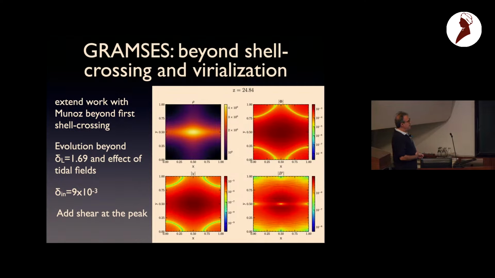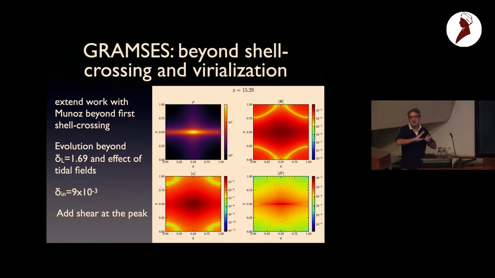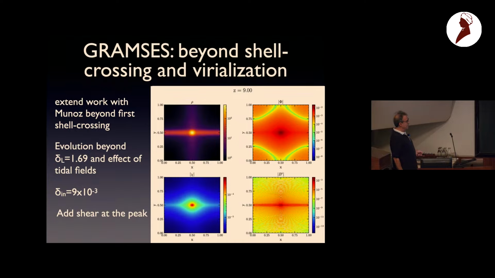That's turnaround. Now this is particles, so I use the benchmark of turnaround and collapse given to me by the linear delta. And so this is the redshift from that initial condition. That's turnaround, so that now is collapse. And now we can go beyond collapse, and this is at Z9.